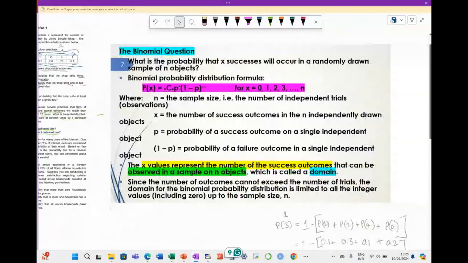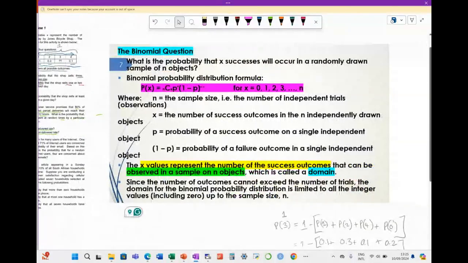Right, I'm going to make it smaller just now. So here, the binomial question. What is the probability that X successes will occur in a randomly drawn sample of n objects?